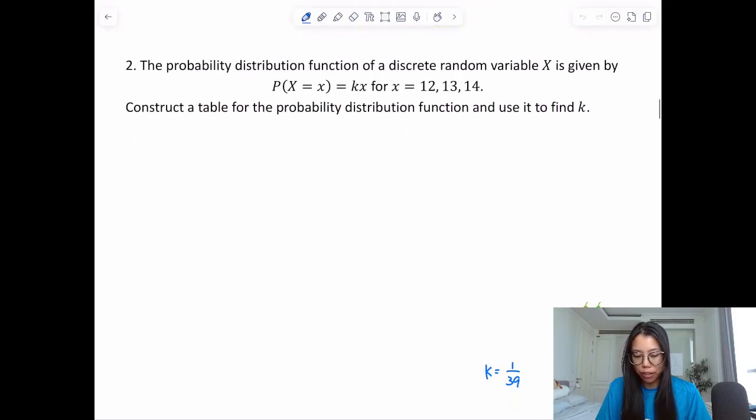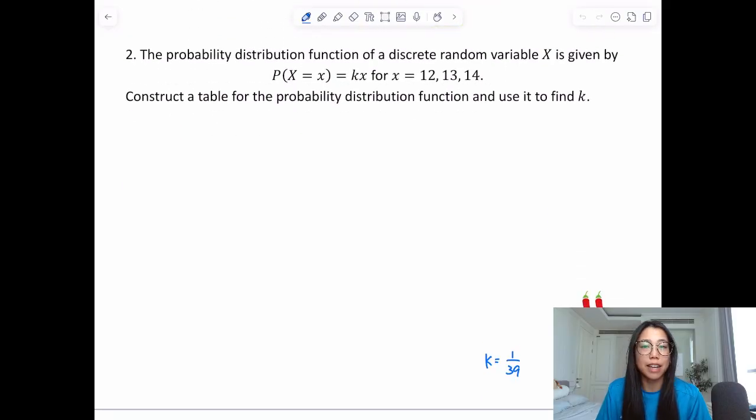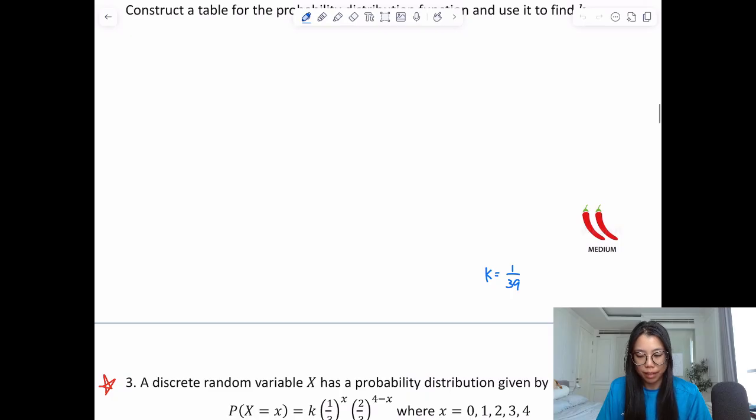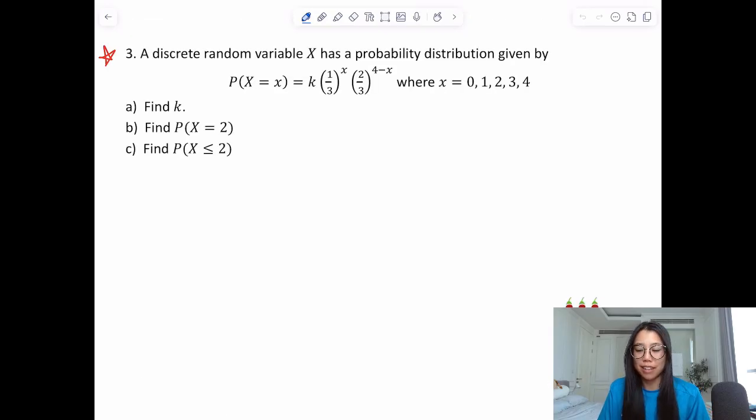Next, what I would like you to do is try the next three questions that I show here on my screen. So here's a medium level question where you're asked to create the probability distribution function given the algebraic representation for it. Here's a hot level question of the same vein.